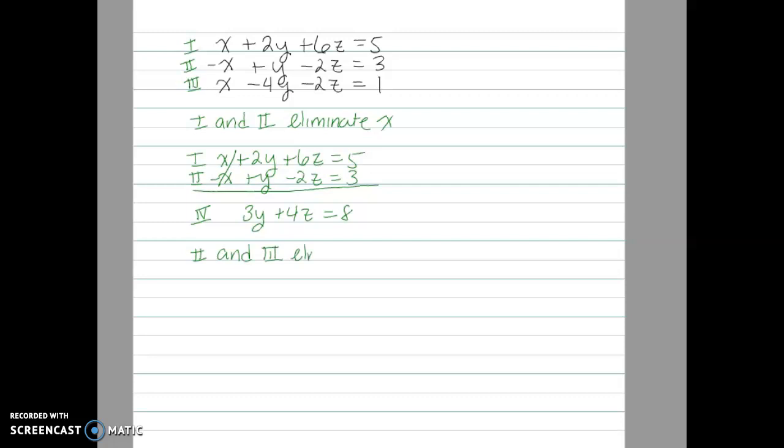I have to use equation 3 because I didn't use it before. And I can get away with just adding these two equations together because the coefficients for x are already opposites. Left with negative 3y minus 4z equals 4.